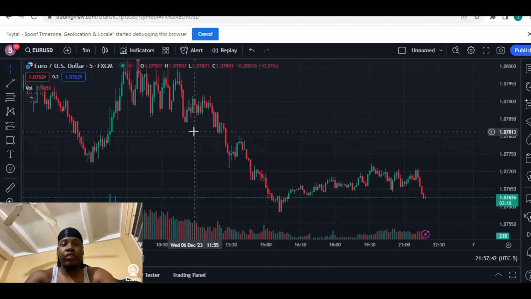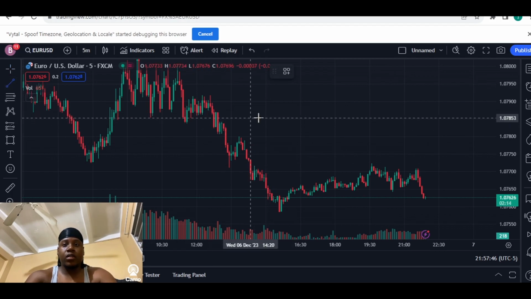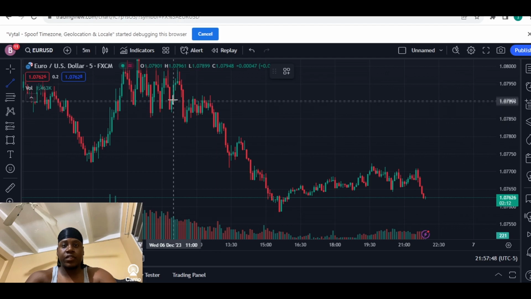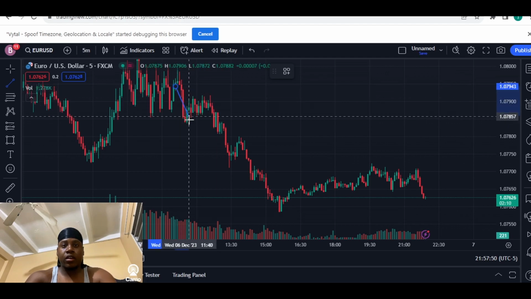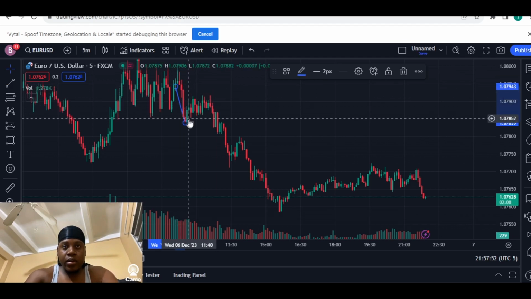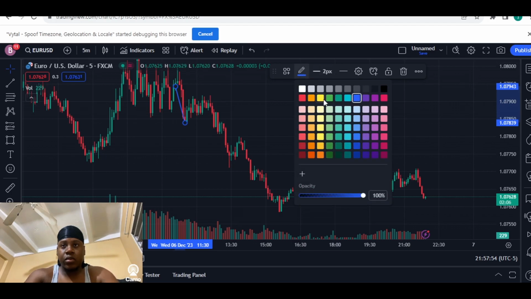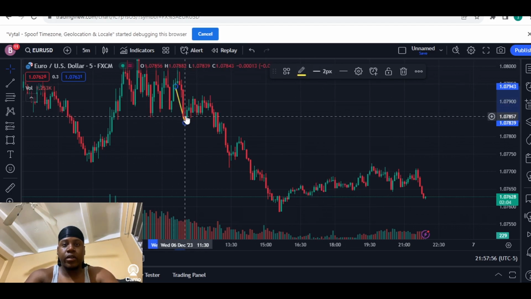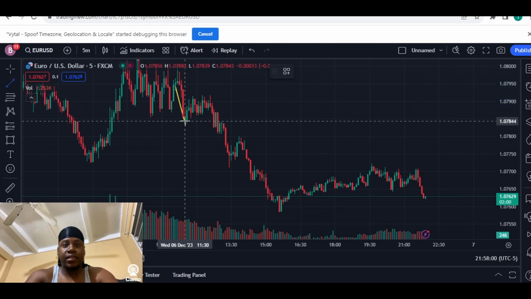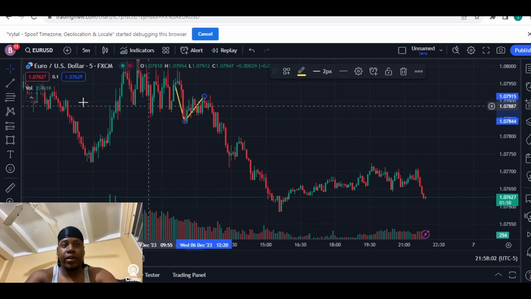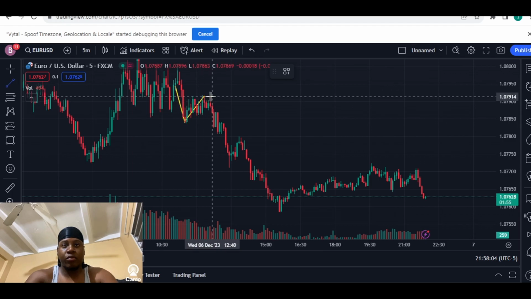So whenever you have a swing, and I'm going to show you what a swing is. This is a swing. You see how the market came down right here? Let me see if I can change the color of that real quick so it could be a little bit better. You see how the market came right here, then it stopped, came back, went there, and then it reversed.